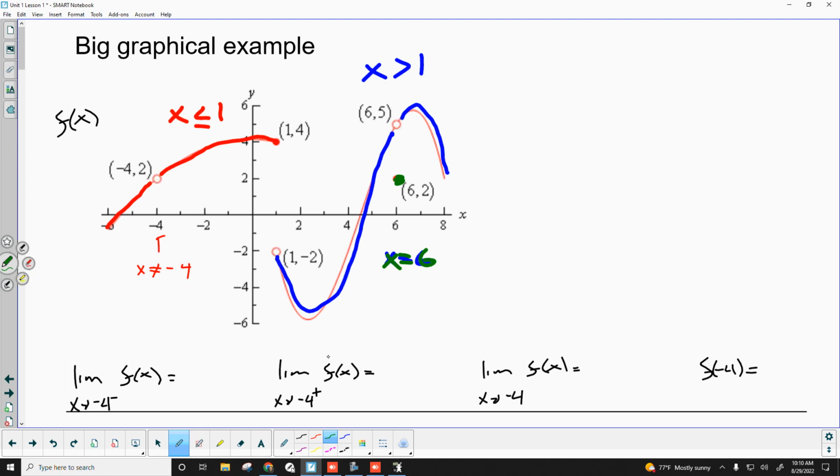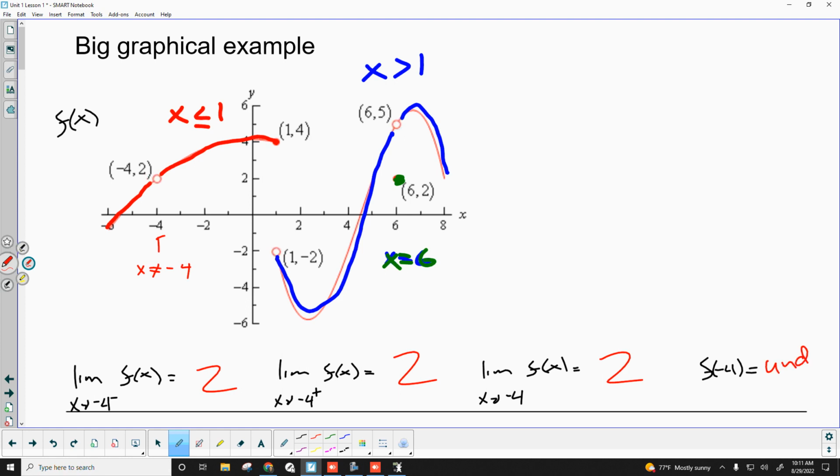I'm going to call on a random person from a random table. I'm assuming everybody's got all the answers. Evo, hit me up with the -4s. 2, 2, 2. Undefined for function values.